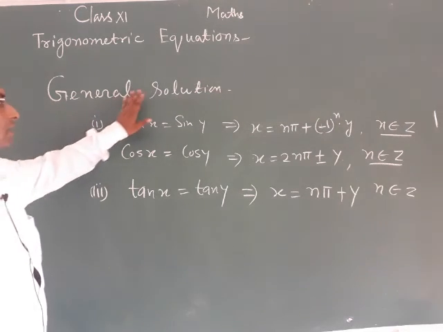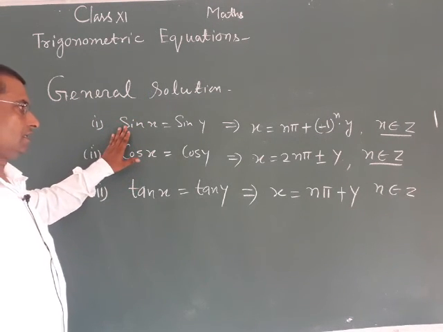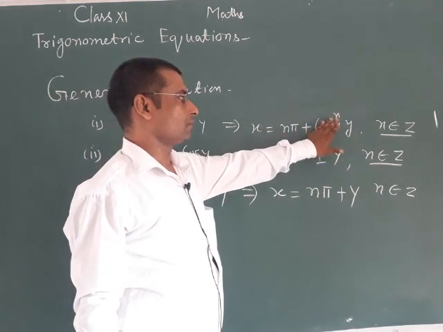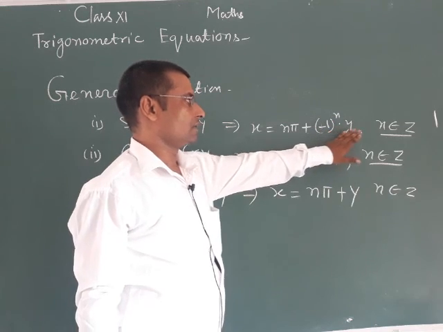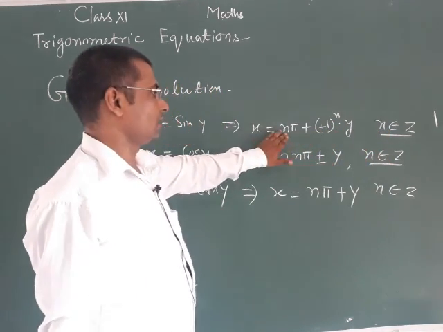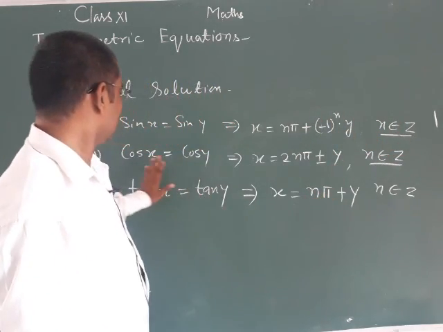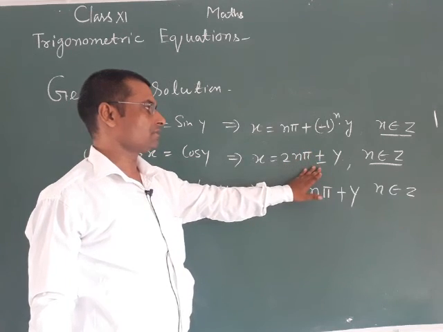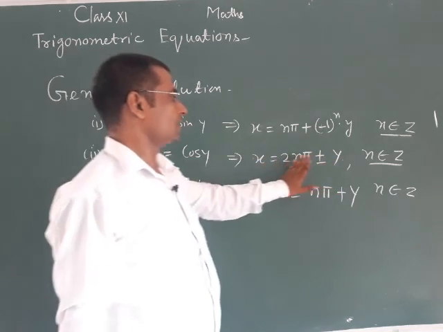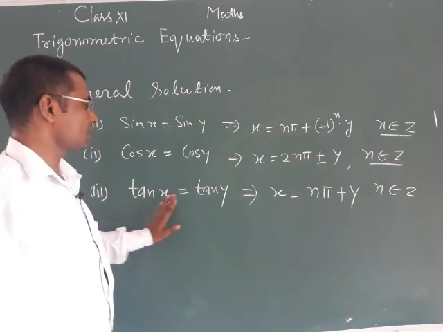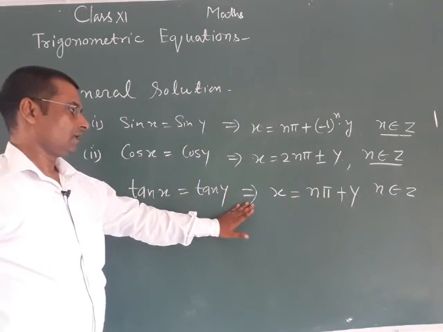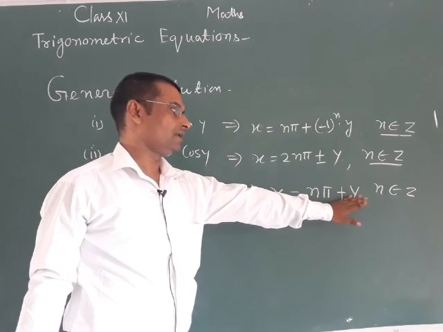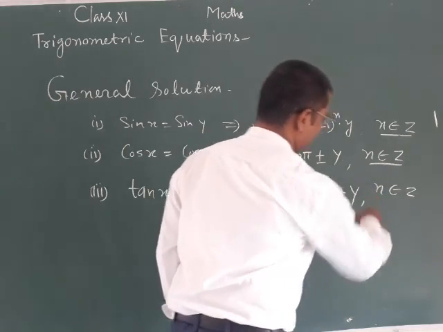This is the general solution: for sin x, x is equal to n pi plus minus 1 to the power n into y, where n is an integer; for cos x, x is equal to 2n pi plus minus y; also tan x is equal to tan y implies that x is equal to n pi plus y, where n belongs to Z.